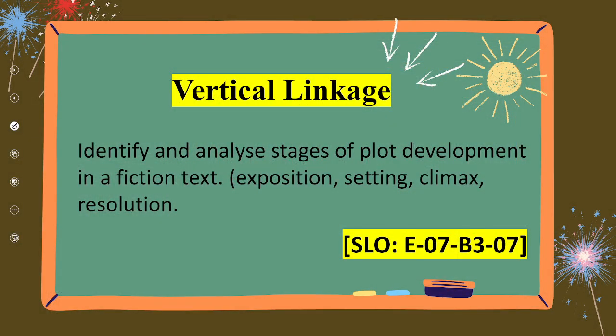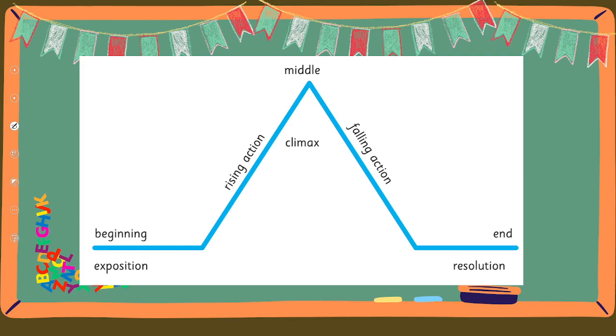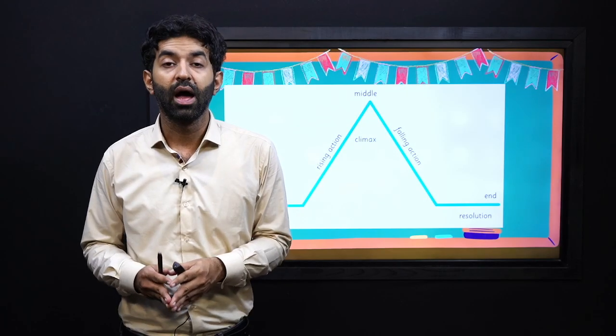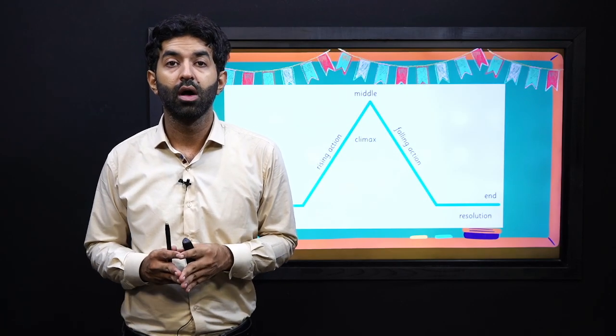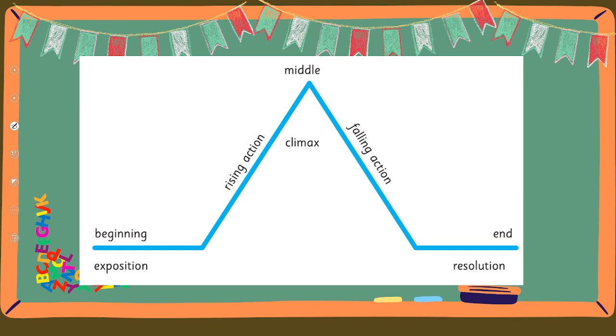Here goes your vertical linkage, and as you can see over here, this is the graphical representation, a mountain diagram, of the stages of plot. First, every story that you read, dear students, has a beginning, a starting point of the story where you are introduced to everything. Then you have an action.